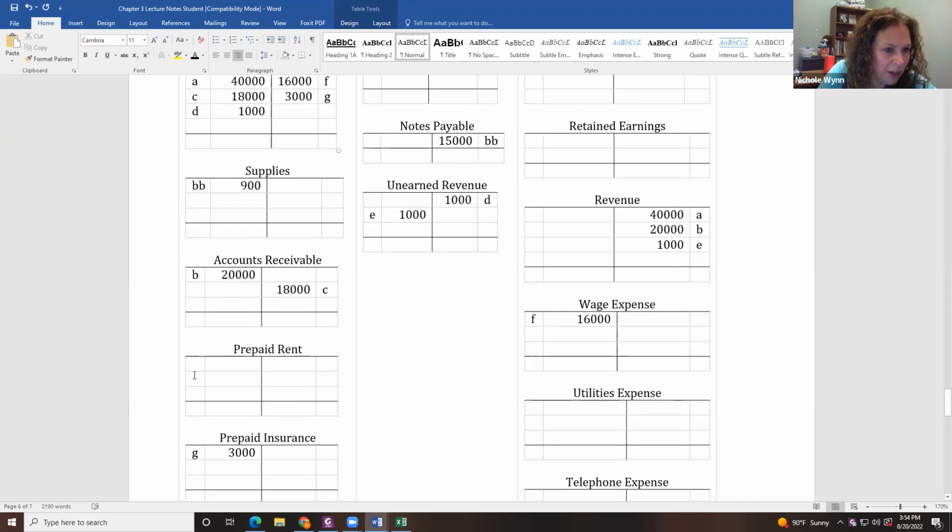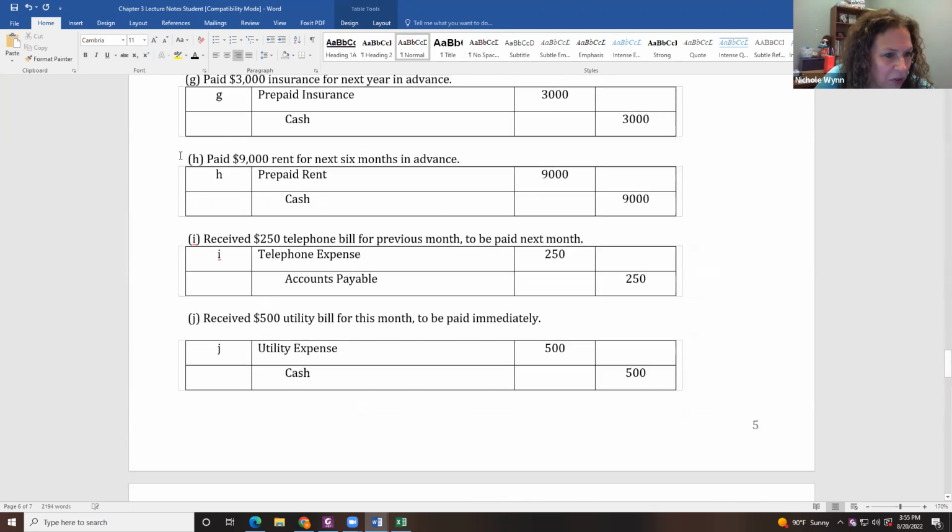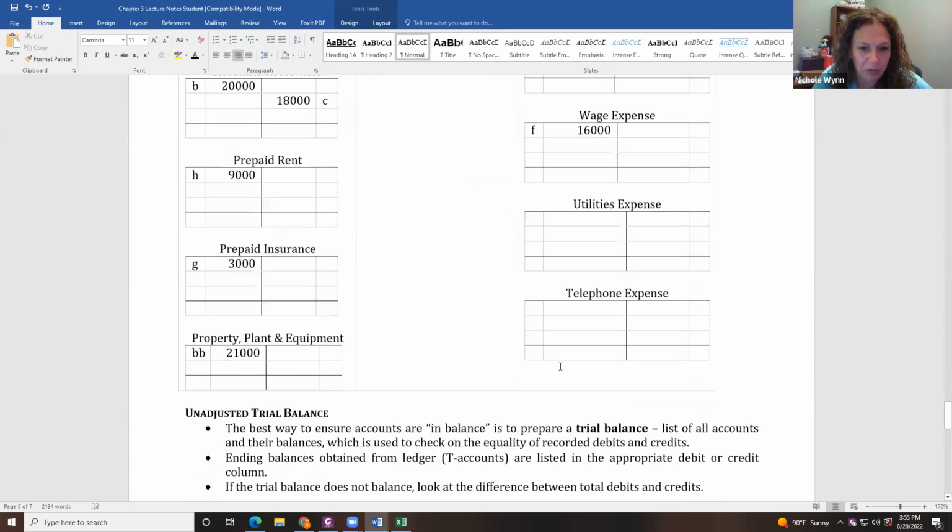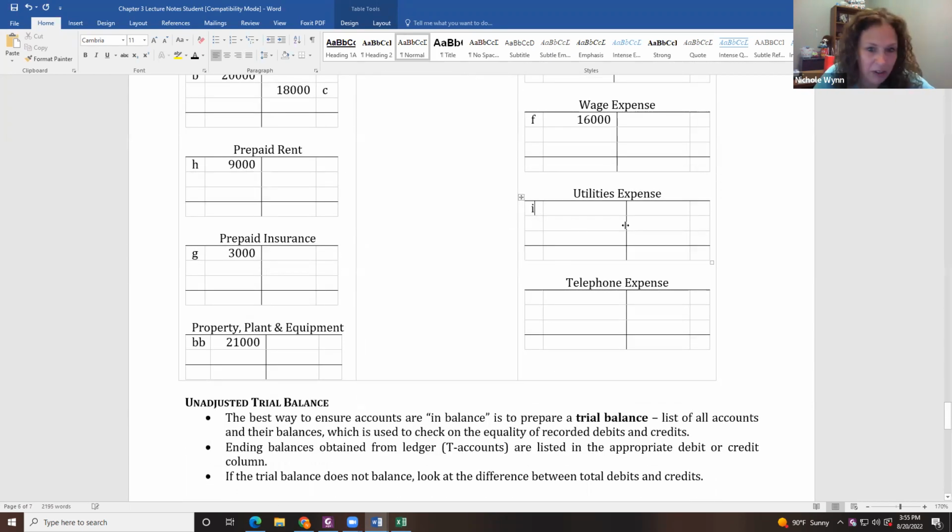And EFGH is prepaid rent of, I think, 9. And letter H of 9. Make sure that was right. Yep. And letter I was telephone expense on account 250. Oops, I'm putting the wrong one. It was telephone.